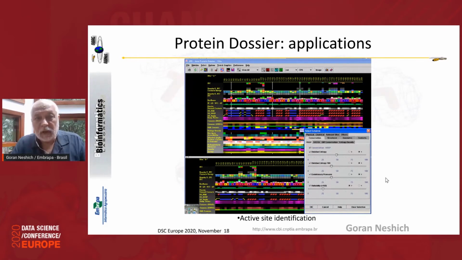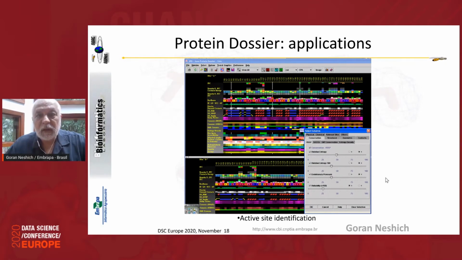For example, you have three vertical white lines on the top part of this image, and those are catalytic site residues. Those are the amino acid residues that actually perform the function of this protein.